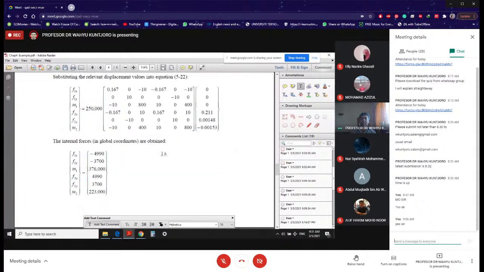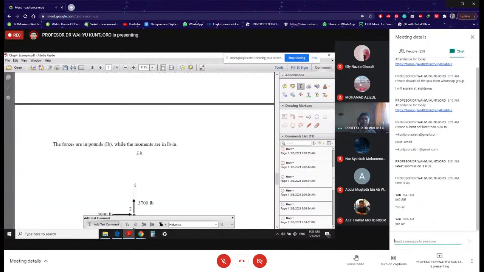All right, which you find here. These are the displacements related to element number 1. And these are the results, the internal forces. And of course, now remember, we are talking global coordinates. So these forces are all in global coordinate. The internal forces are in global coordinate.